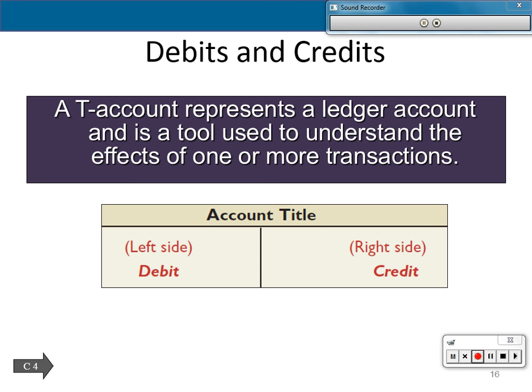The reason you see assets, expenses, and dividends, which we will talk about later, on that side is this: the normal balance for those types of accounts is on the debit side. What do I mean by normal balance? What side does it increase by? That's what normal balance means.